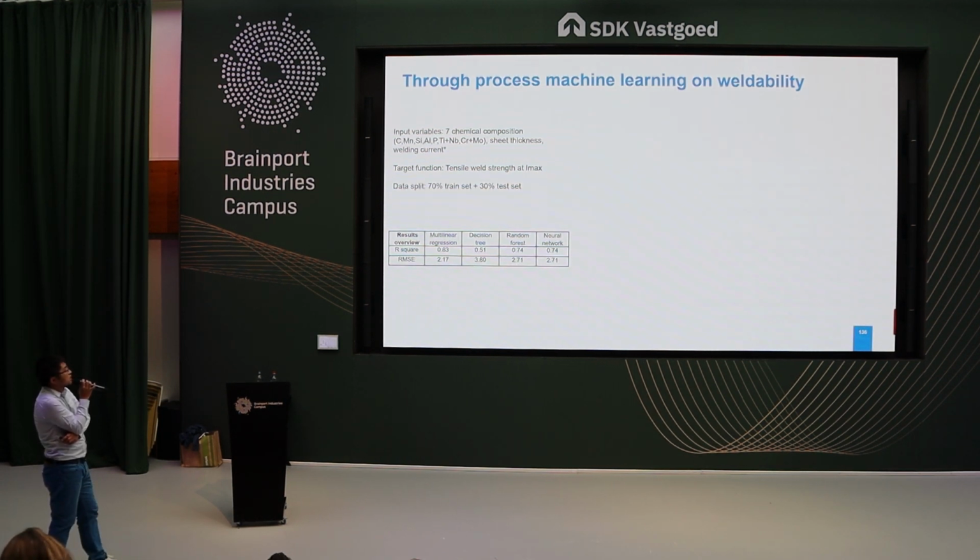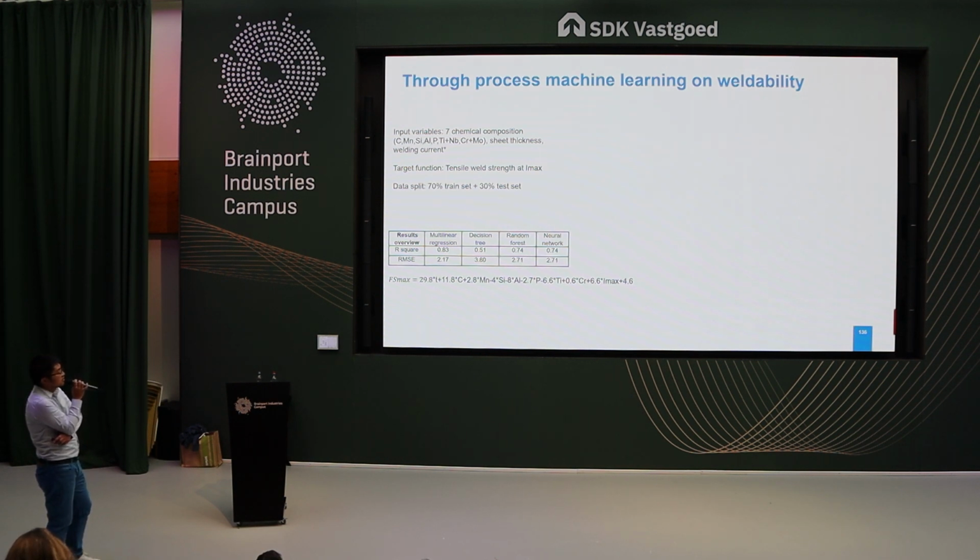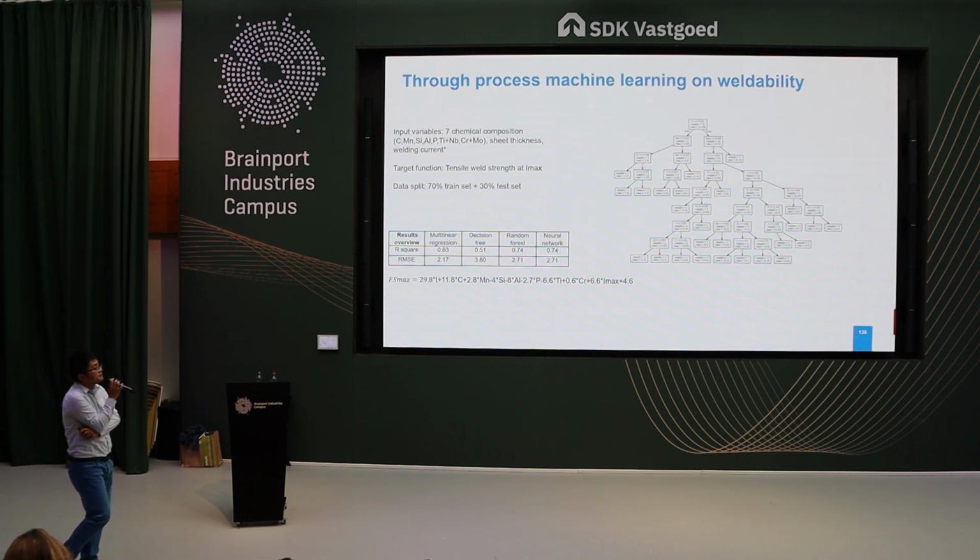From the regression model, you can get an empirical equation where your target function is on the left-hand side, and then you get all the input variables multiplied with a certain coefficient plus a bias. For the decision tree and the random forest model, you have tree-structured blocks.